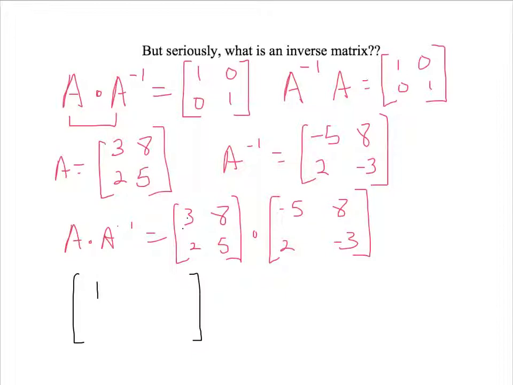First row, second column: 3 times 8 is 24 plus 8 times negative 3 is 0. So far, so good. Now this one down here: 2 times negative 5 is negative 10 plus 5 times 2 is 0. And our last element is 2 times 8, which is 16, plus 5 times negative 3, which is negative 15, giving 1. So apparently it works.